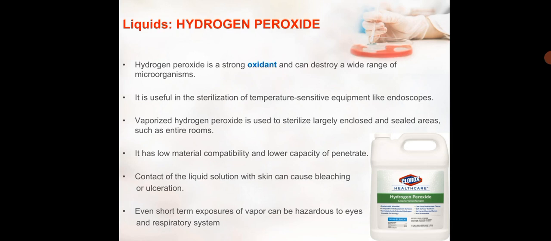But it has a low material compatibility and lower capacity to penetrate. Contact of the liquid solution with skin can cause bleaching or ulceration. Even short-term exposure to the vapor can be hazardous to the eyes and respiratory system.